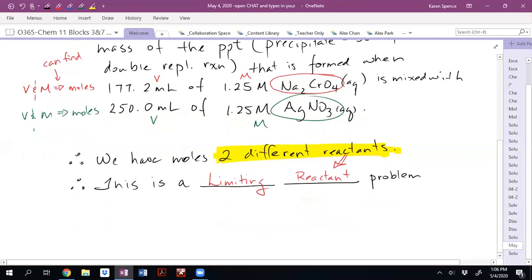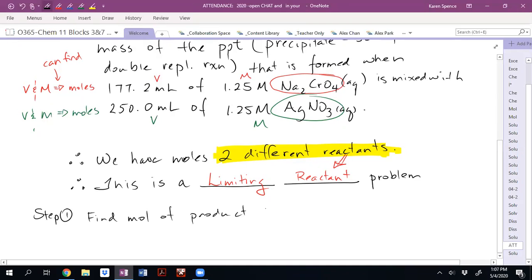And do we remember the steps to solving a limiting reactant problem? Do both calculations, calculating precipitate with the 177.2 milliliters and 250.0 milliliters, and determine which one makes the smaller amount. Yes, the smaller one. Find the moles of product from each reactant.